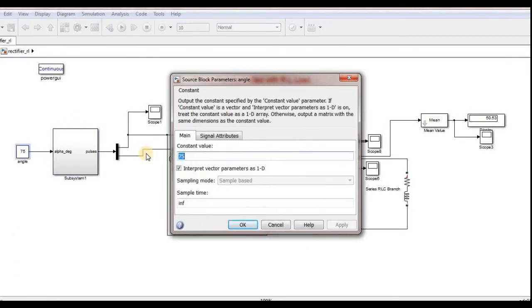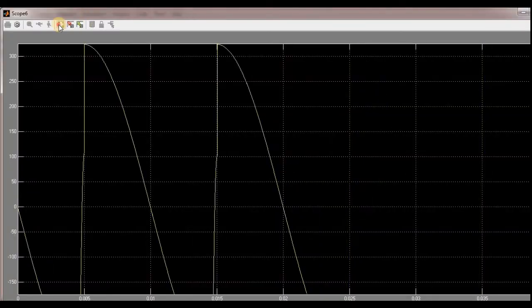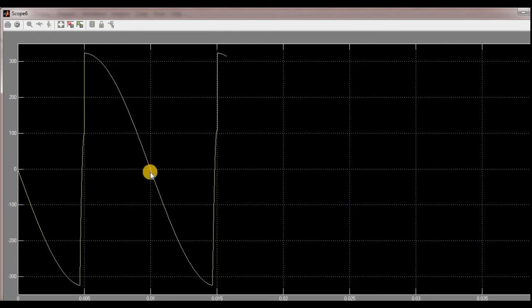See, if I keep it at 90 here, it will be nearly 0, maybe 3 volts or 10 volts like that. See, it is nearly 0. Nearly 0 is coming because I didn't take a sufficient inductor. If the inductor is sufficient, then it will come exactly to 0. See, 90 degrees positive is there.